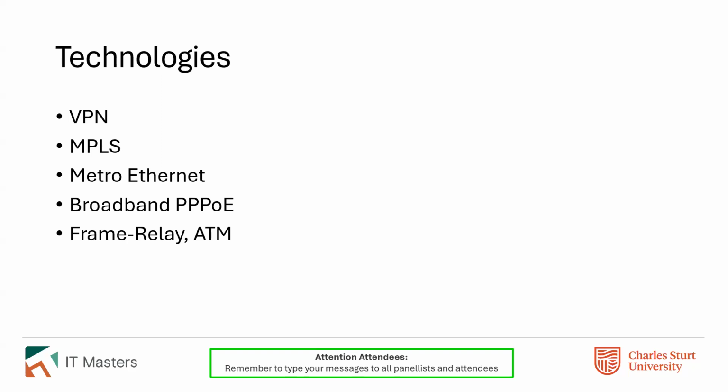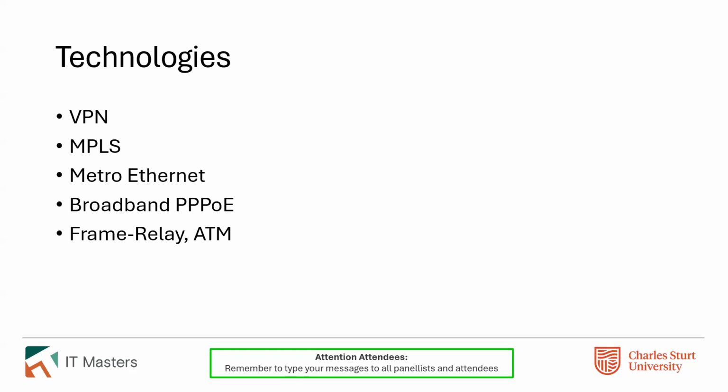So if you're in the middle of a CBD, central business district, and you're trying to create a connection between two offices, a service provider may well use Metro Ethernet. To the end user, it looks just like regular Ethernet, but it is designed to be a little bit more manageable and reliable.